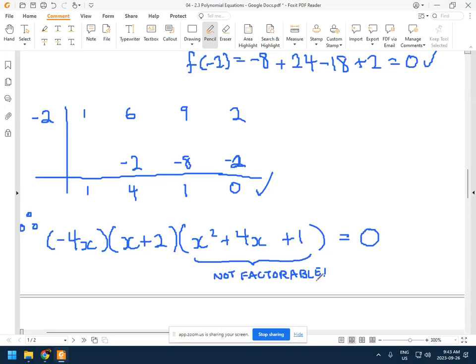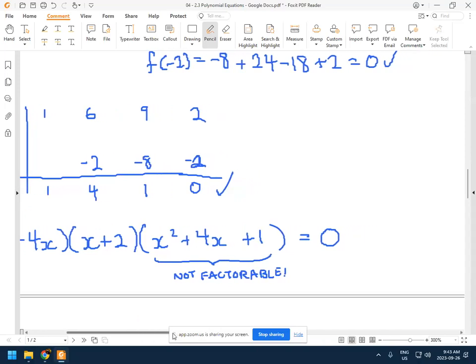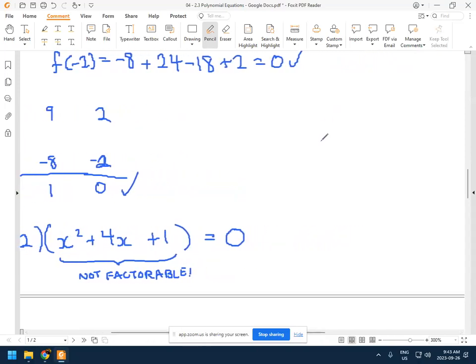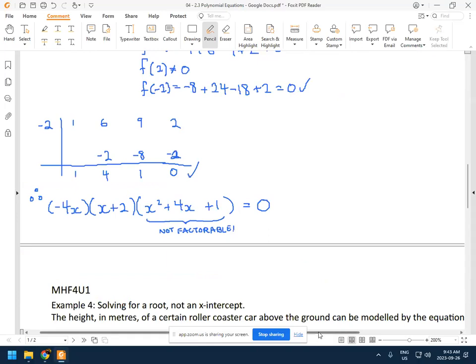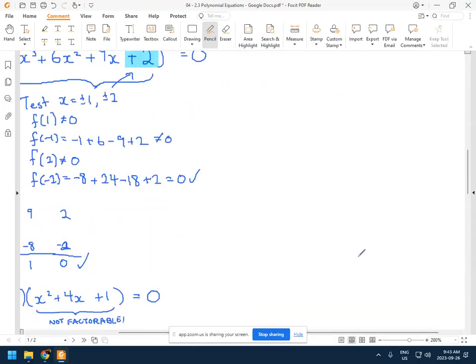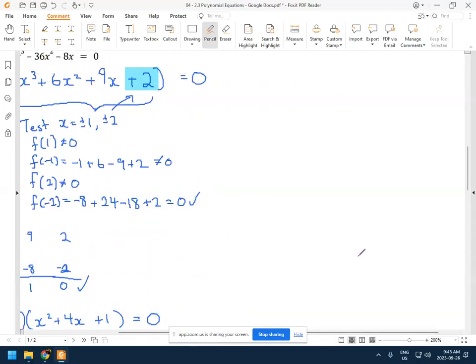So I think Katie was asking, is there a way to test very quickly for cubics if there's factors or not? No, but you can use your skills from grade 11. Anyone know the shortcut to see if there is or not using discriminant? Who has heard of discriminant? Okay, most people.